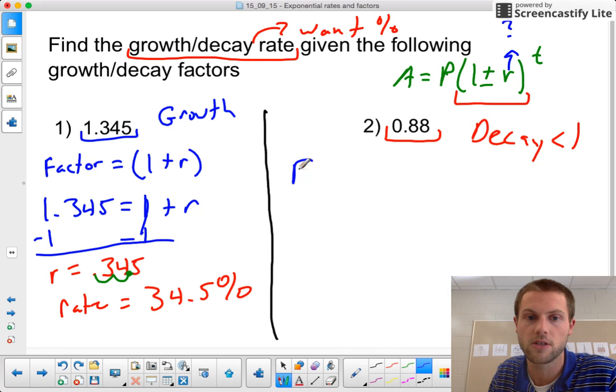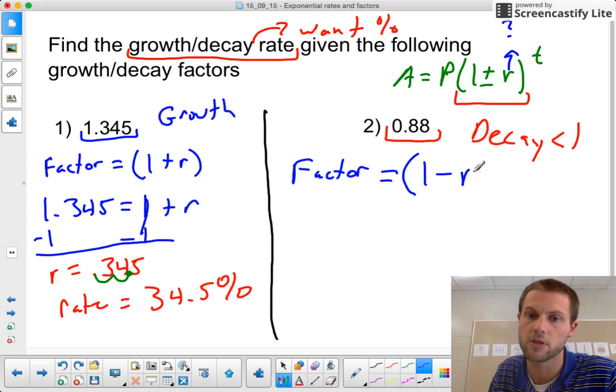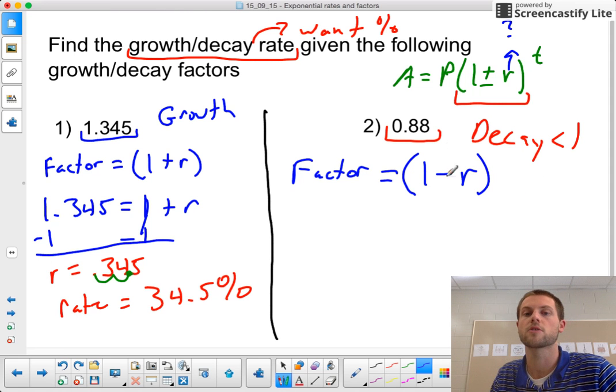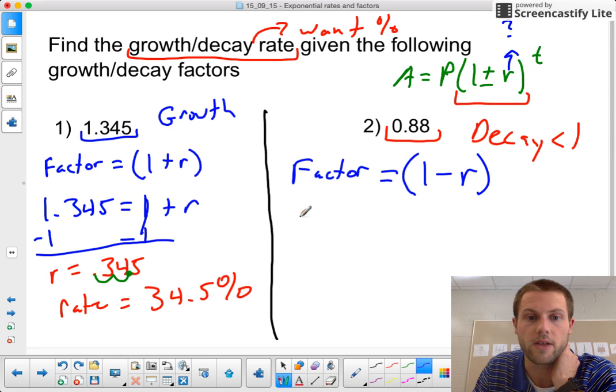My factor is still going to be given by this equation, but now, rather than having 1 plus my R be my growth factor, it's actually going to be 1 minus my R since I'm dealing with a decay rate. So my factor is 0.88, and that's going to equal 1 minus R.